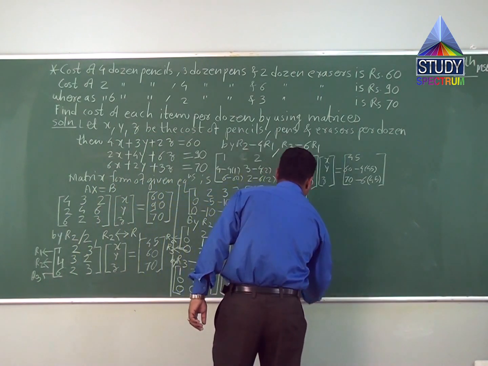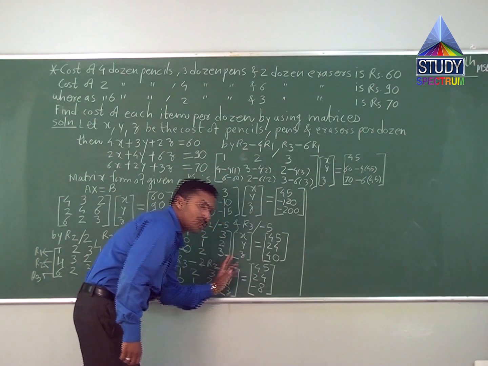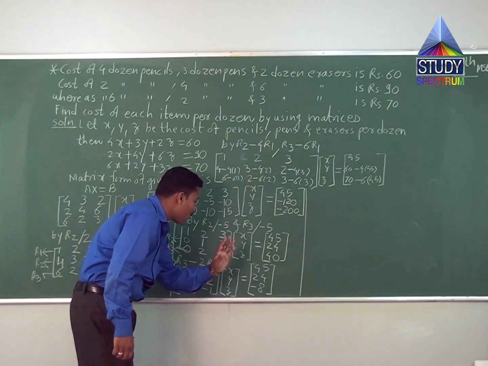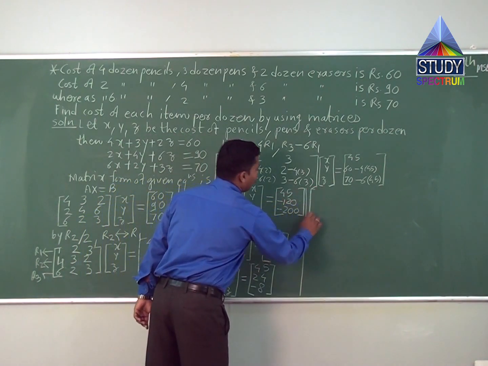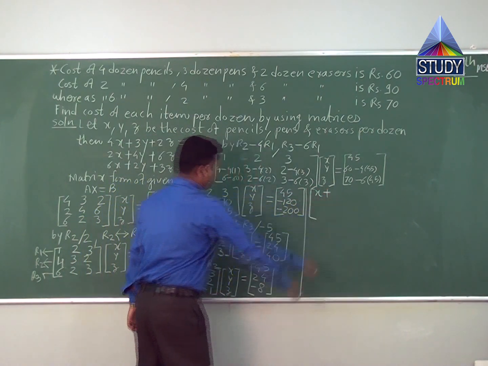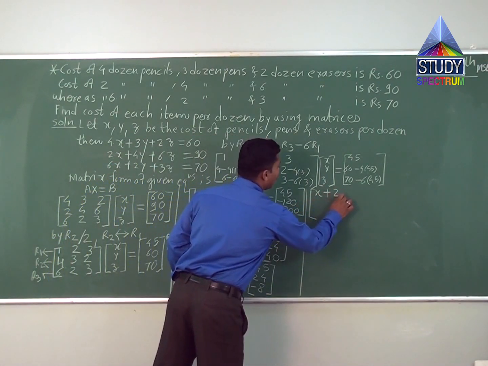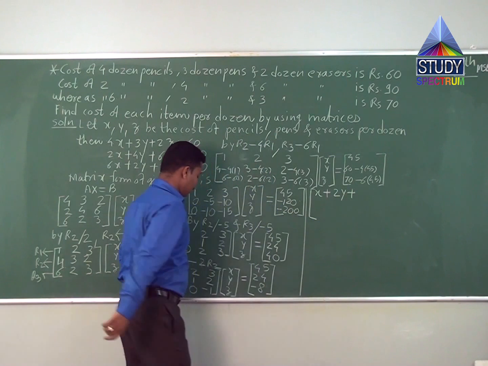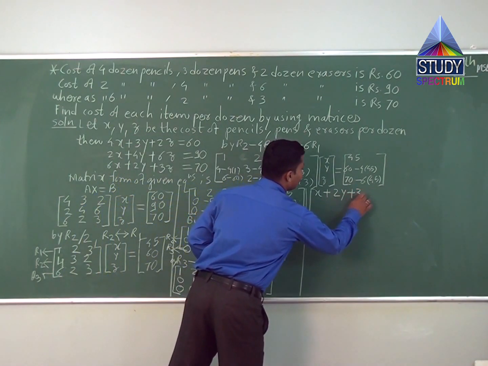Here is the first row, first column. There is only one column. So first row, first column: 1 into x, x, plus 2 into y, 2y, plus 3 into z, 3z.